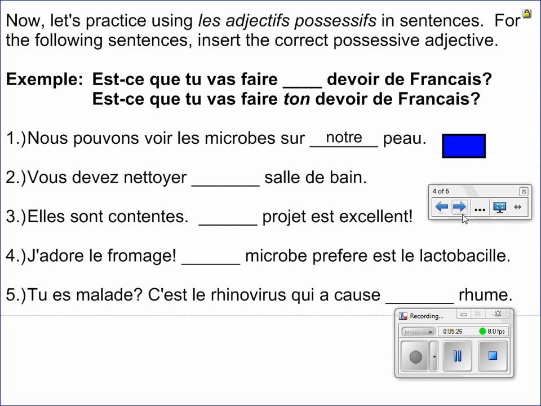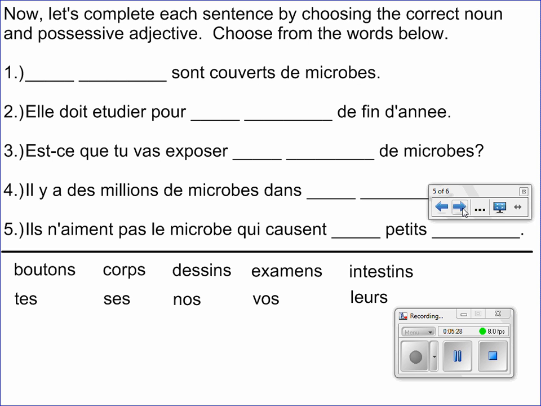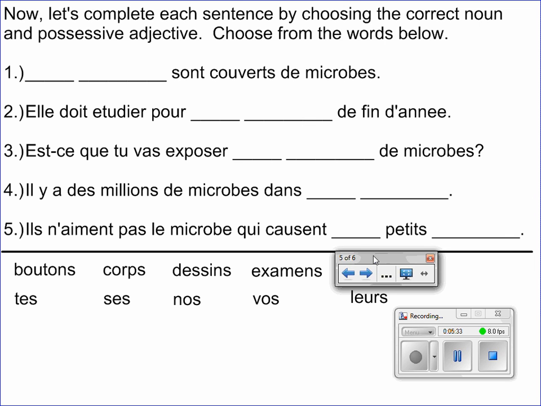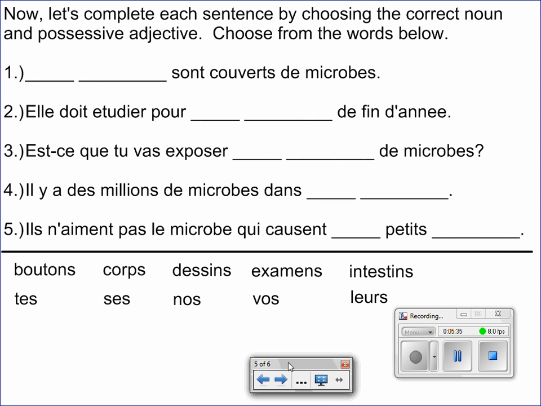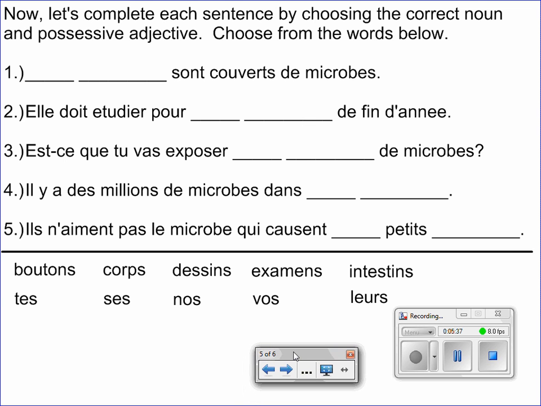All right, let's go on to the last slide. This one's kind of interesting. This is a fill in the blank activity. So what you need to do for each of these is you need to choose the correct noun and possessive adjective. And I've got a word box or a list of words below. I'll do the first one with you. So we've got 2 blanks, and then we've got sont couverts de microbes.